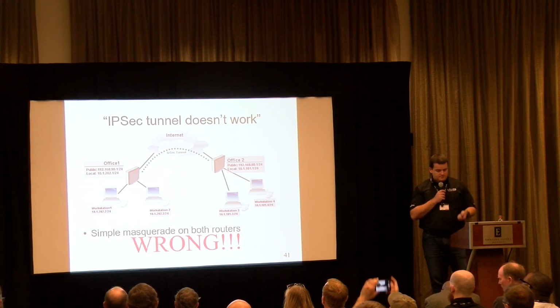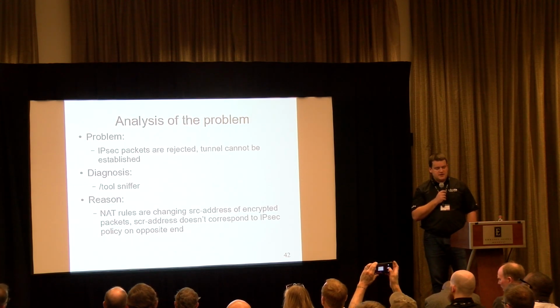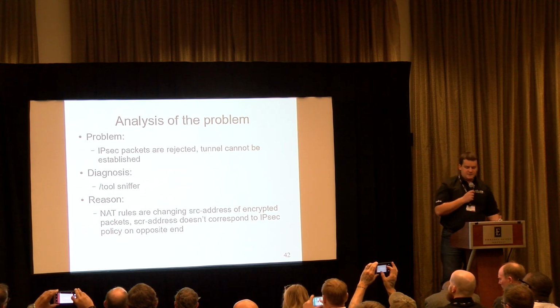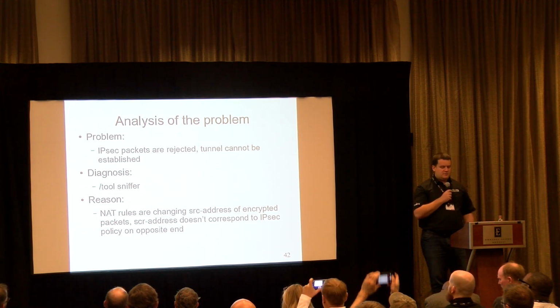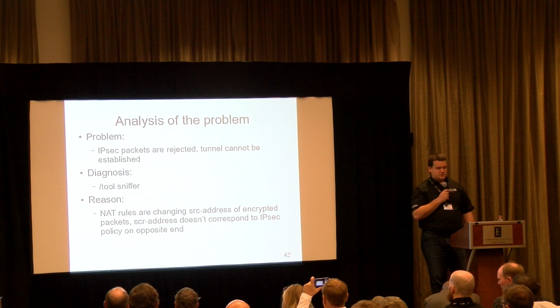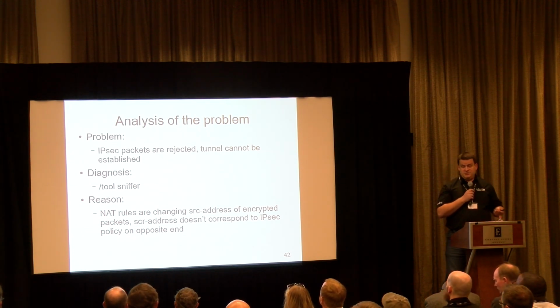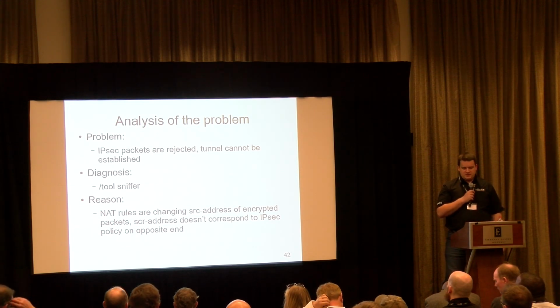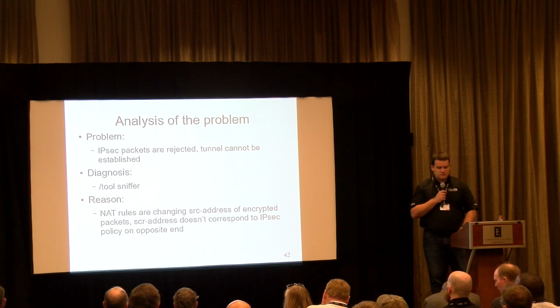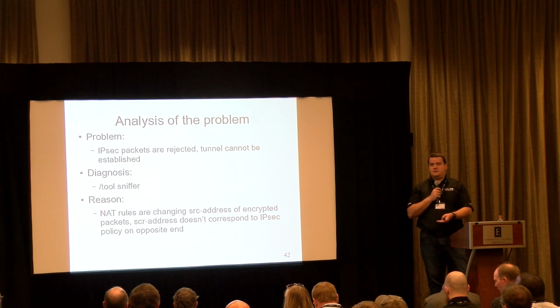The problem is that IPsec packets are rejected and the tunnel cannot be established. If you take a look at tool sniffer, you will see that your Masquerade rule is changing the source address for encrypted packets, so that source address doesn't correspond to the IPsec policy on the opposite end, and the packets are discarded.